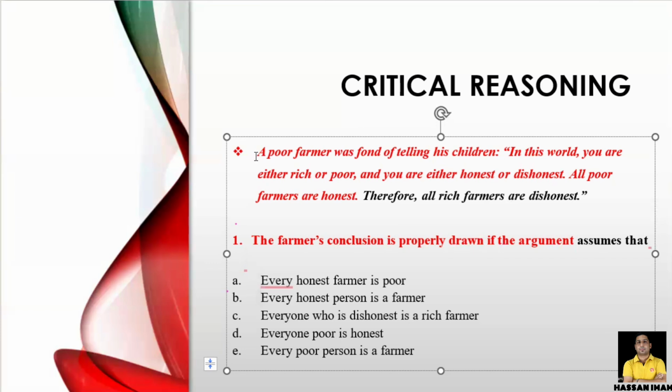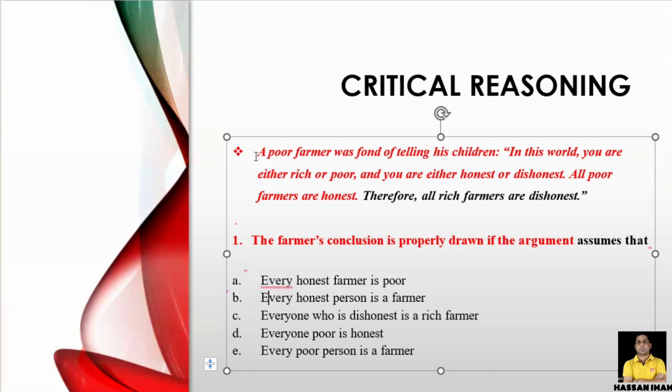So every honest person is a farmer. So in the question, we are not talking about every honest person. However, every honest farmer can be poor, or poor farmer can be honest.